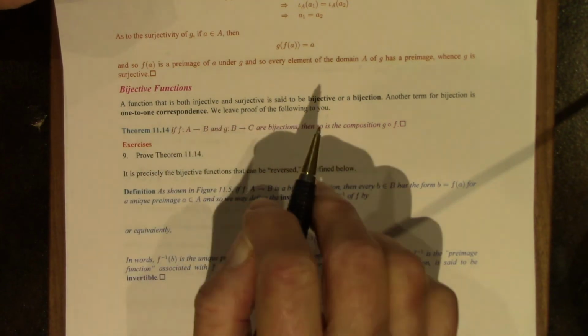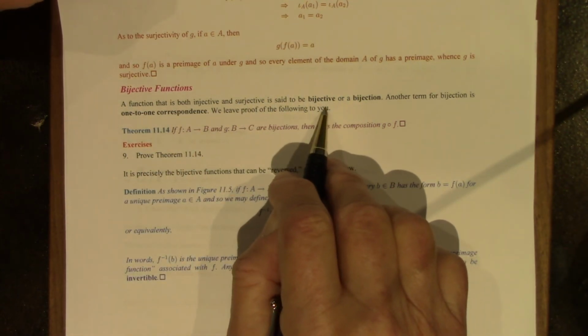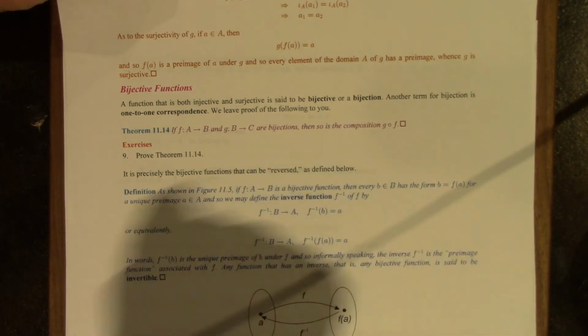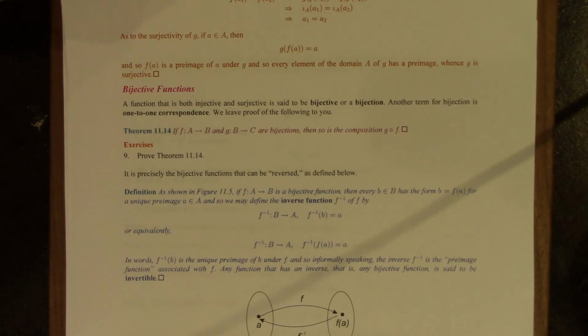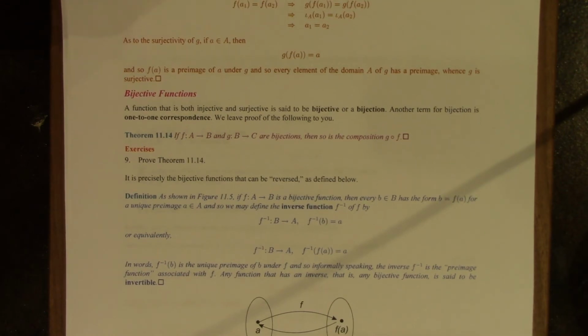A function that's both injective and surjective is said to be bijective or a bijection. Another term for that is one-to-one correspondence, but that term is generally used in certain contexts only. In set theory it's used, in combinatorics it's used.